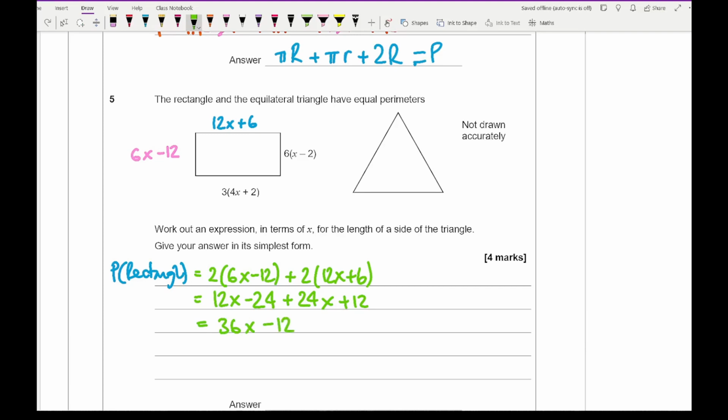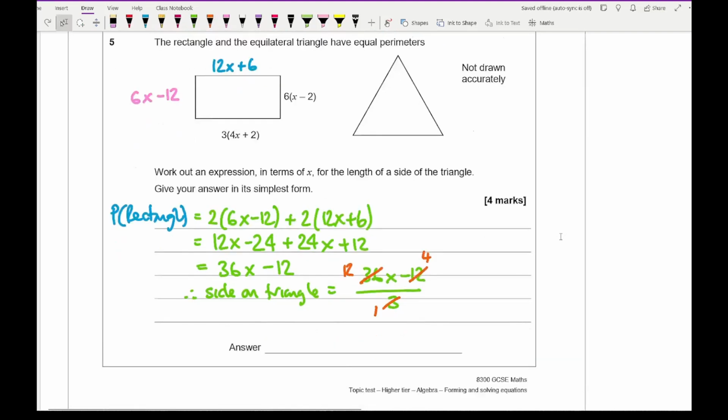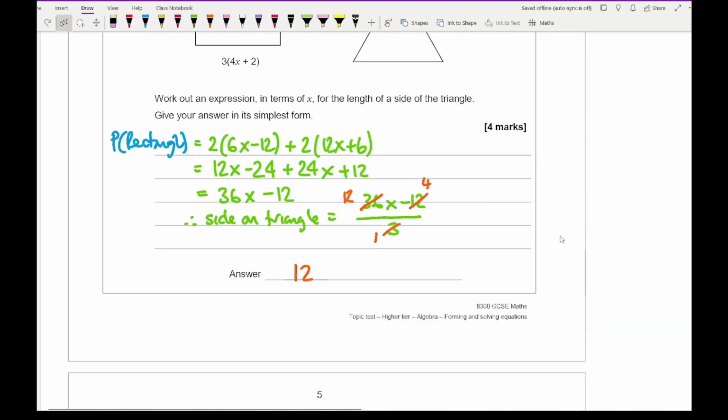Now that's what the total perimeter is. So therefore, the side of the triangle, which has got 3 sides, is going to be 36x minus 12, all divided by 3. So if I divide everything by 3, that becomes 12, that becomes 1, and that becomes 4. And it gives me my final answer of 12x minus 4.